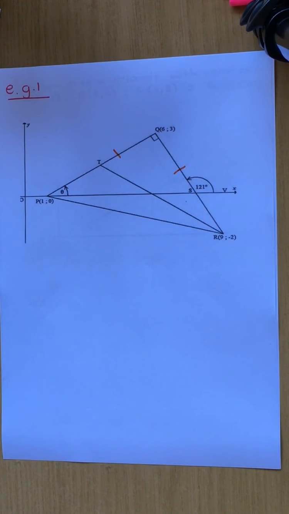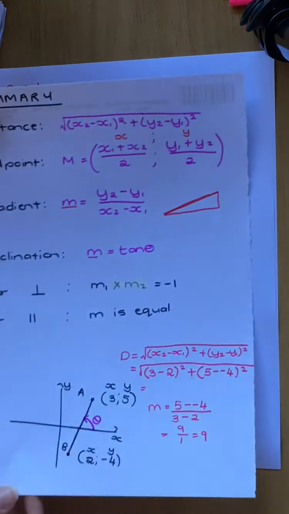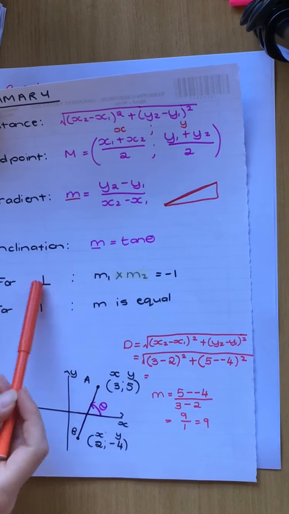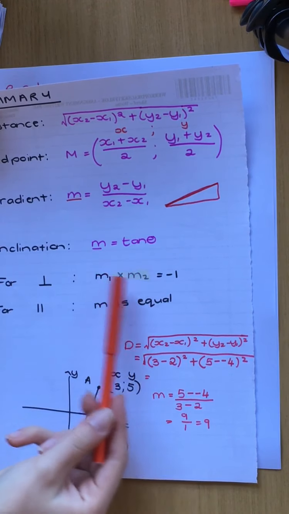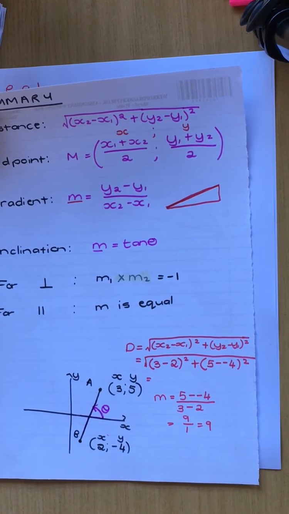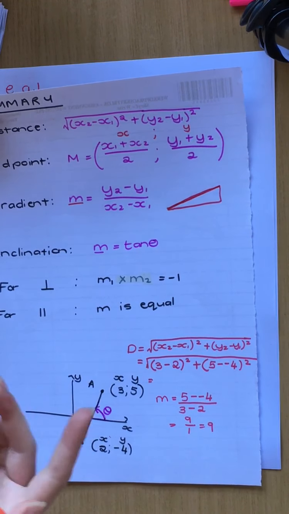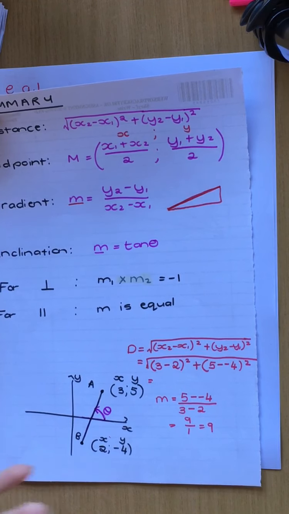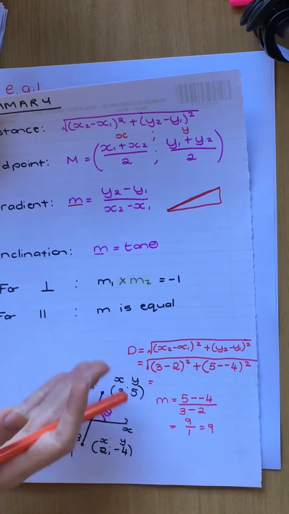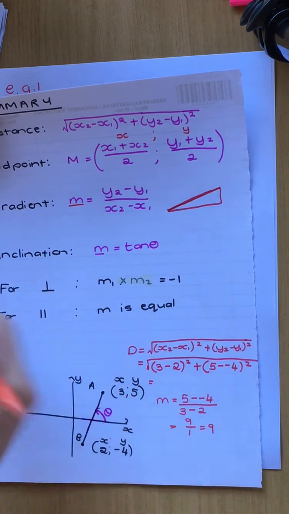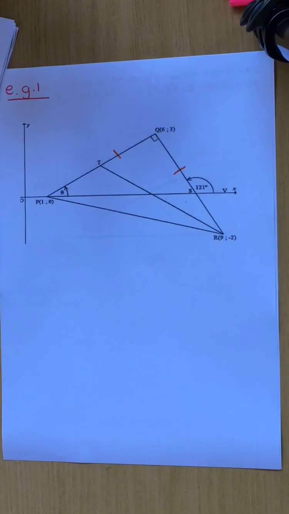Then they say that these 2 are perpendicular, and the fact that they are perpendicular should ring a bell in your head. When you multiply the gradients together, it'll equal -1, or you can invert and change the sign. If they give you the gradient of one of the lines, you can do that to get the gradient of the other line. So the fact that it's perpendicular should ring that bell in your head.